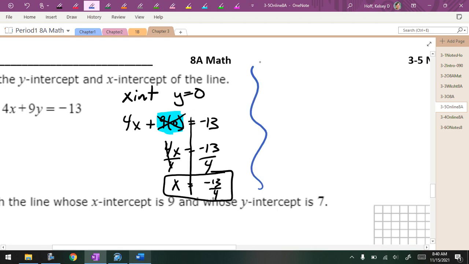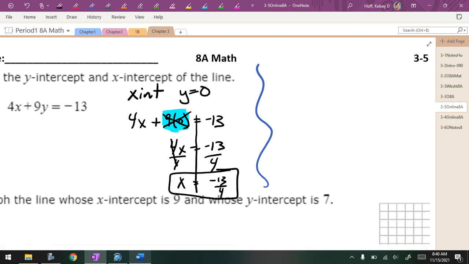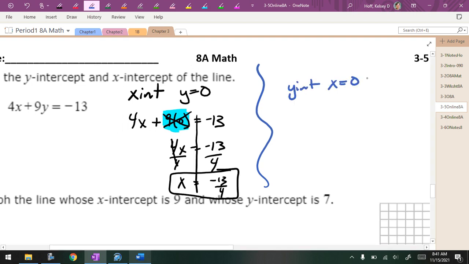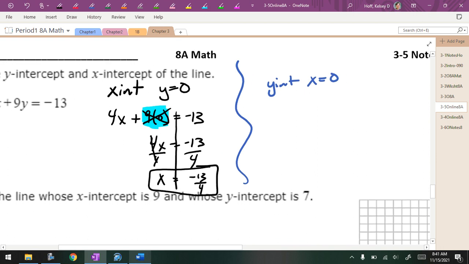So now we swap. What do you know about every y-intercept? X equals 0. So we plug in 0 for x. 4 times 0 plus 9y equals negative 13. What's 4 times 0? 0. So you have 9y equals negative 13.